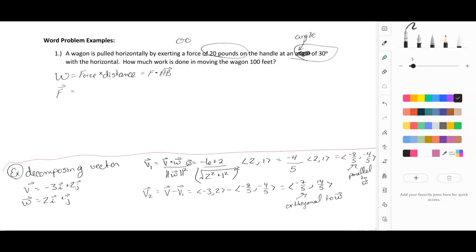So here's our wagon. Here's the handle on the wagon. Right here, this is our 30 degrees that we're talking about. So our force vector is going to be 20 times cosine of 30 degrees, sine of 30 degrees.